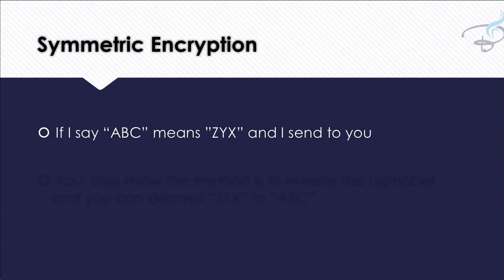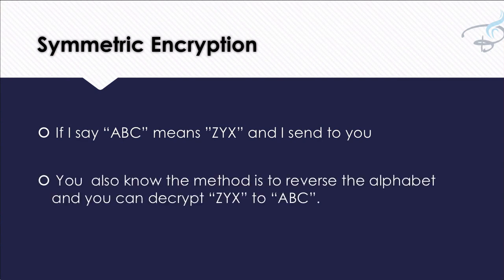You just have to reverse the alphabetical order. So if I send you ZYX, you will know that the data actually is ABC. But to perform this action, you and I both have the same cipher, the same algorithm, which is simply reversing the alphabetical order.